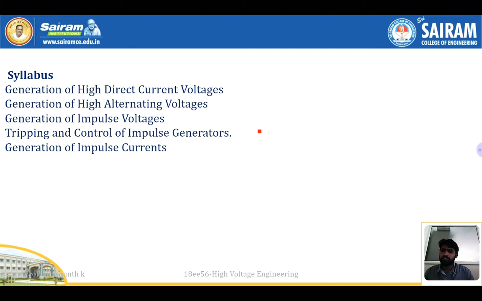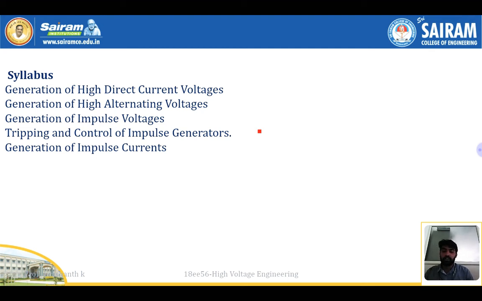See, for generation of high direct current and voltages, we have different types: by using rectifier connection, by using Van de Graaff generator, by using Cockcroft Walton type generator. And the one-to-one connection between transformers and cascading connection will appear in the high alternating voltages.